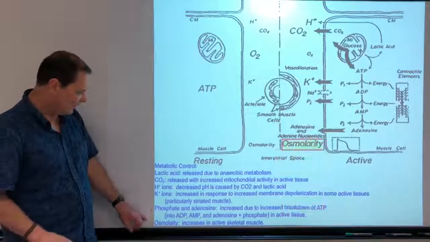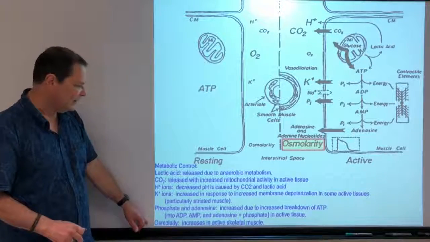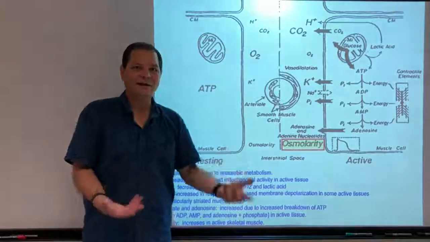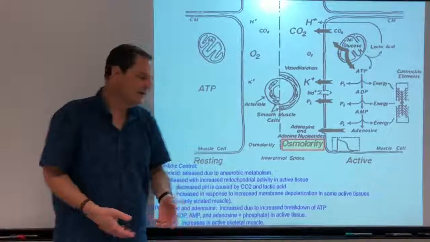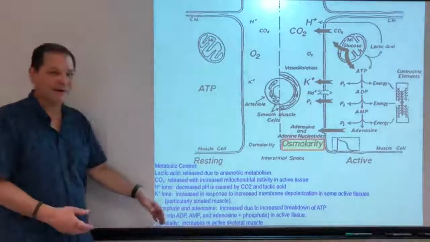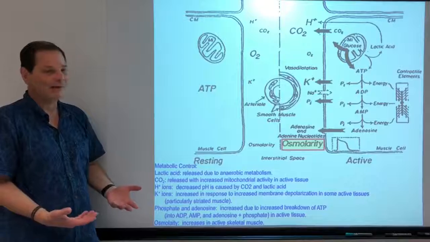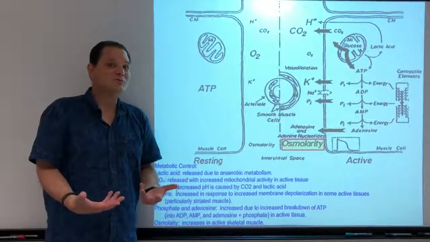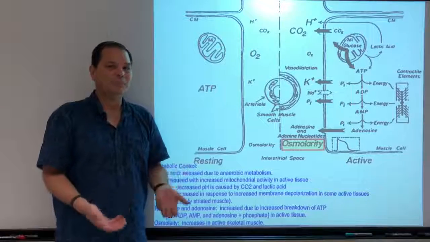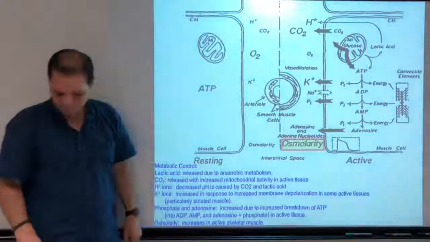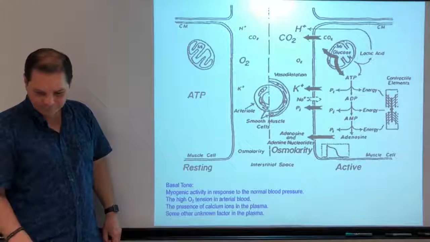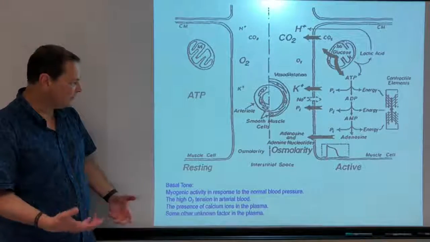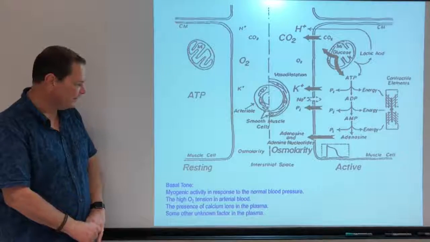They are vasodilators. Osmolarity can go up in active skeletal muscle, and that can contribute to a vasodilation. So these are all lumped into what I call one category, local metabolic controls, and they are strong. They're strong, and they usually dominate over the central controls. All right. Basal tone is maintained in these arteries as well.